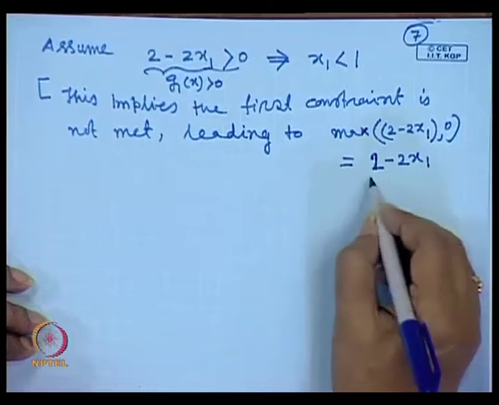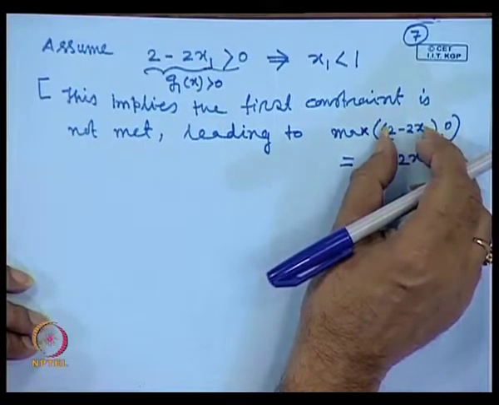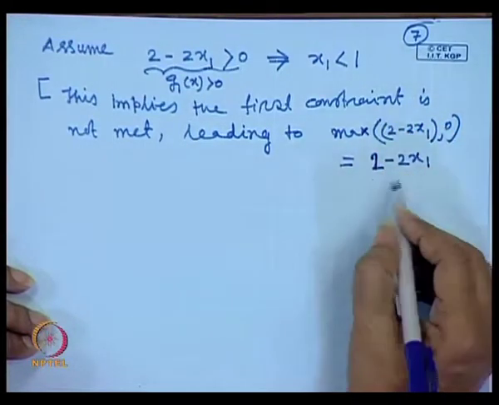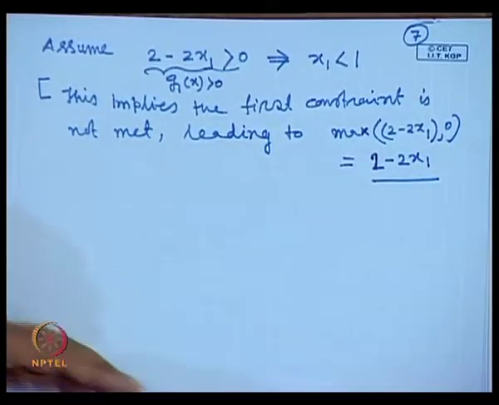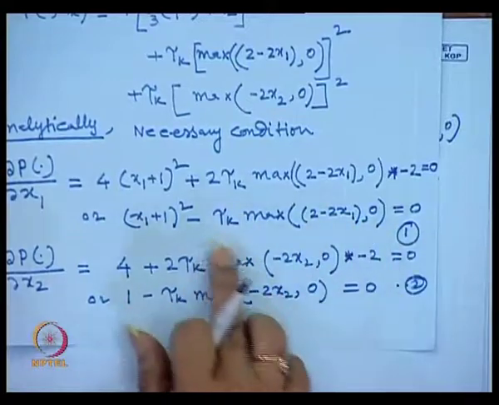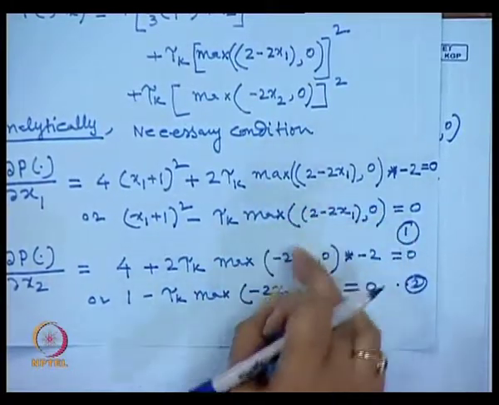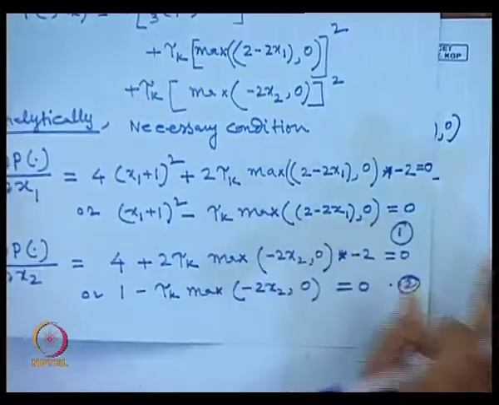Agree? Because this is a positive quantity in the infeasible region. So, max of this one is this. So, now from this equation what can we write? I will write the value of this one is nothing but 2 minus 2 x 1 only.